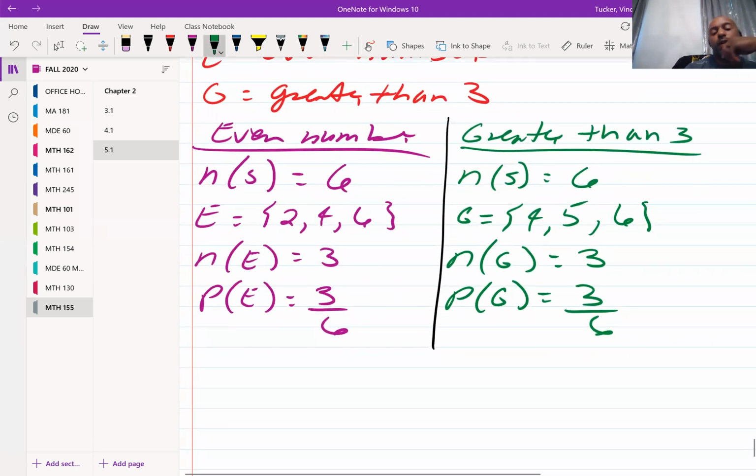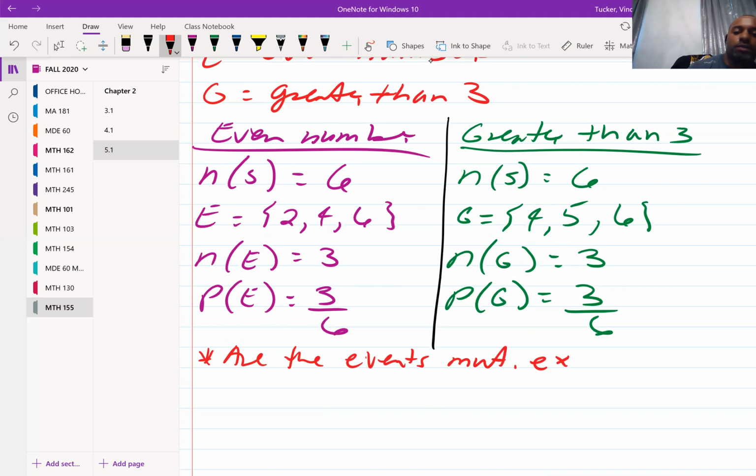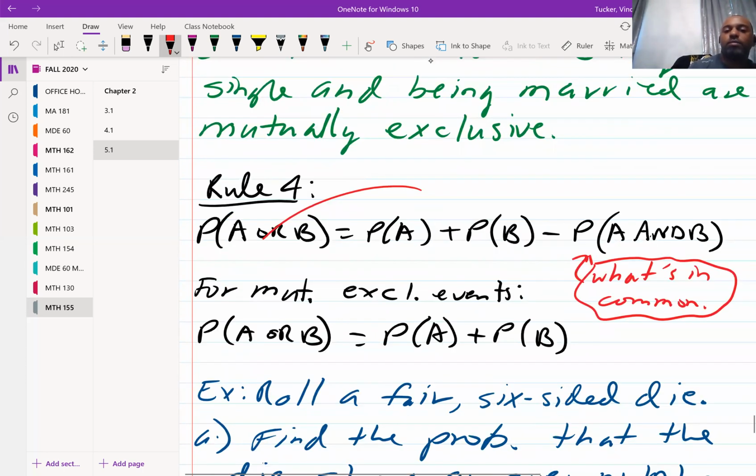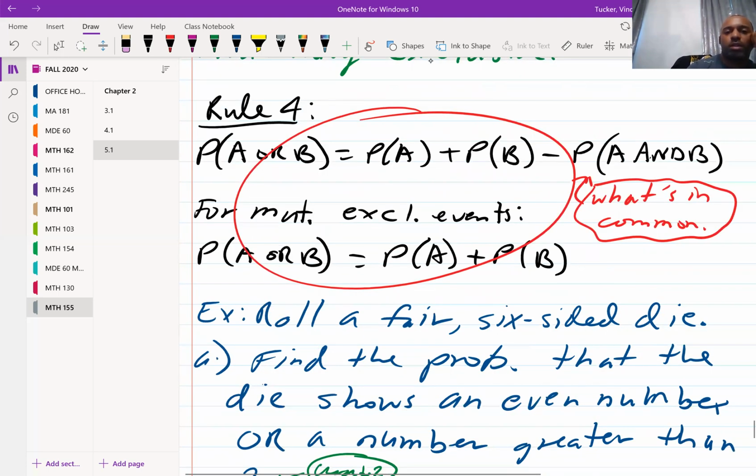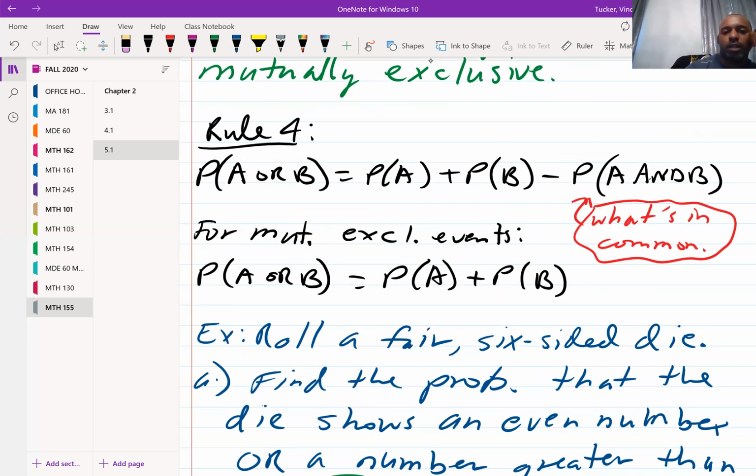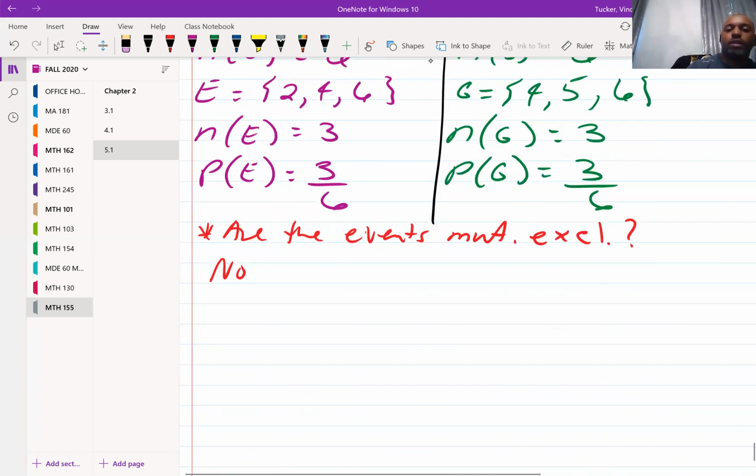All right. So now, we always have to ask ourselves, are the events mutually exclusive? Because remember, that's going to dictate how we look at calculating our probability. So are the events mutually exclusive?